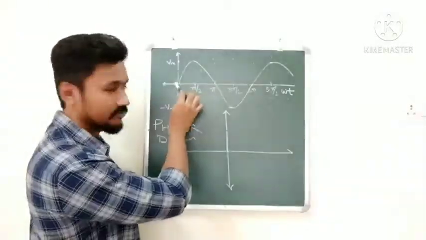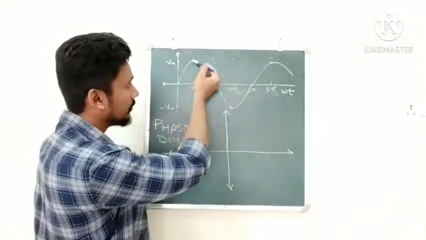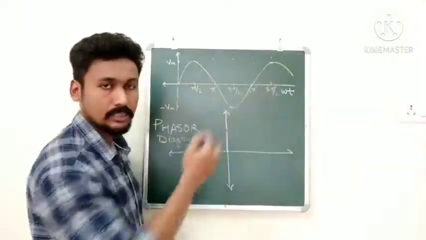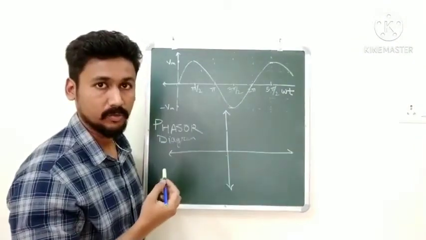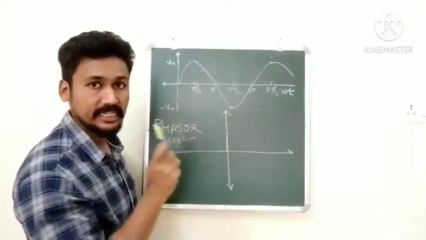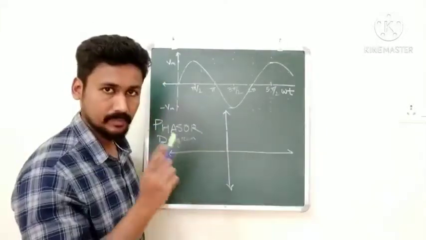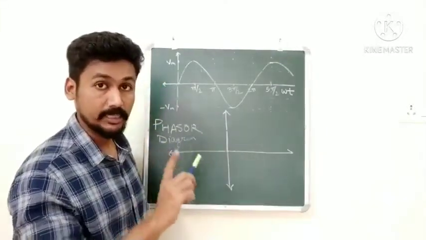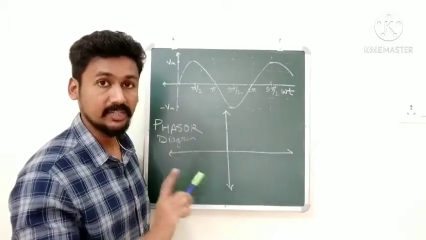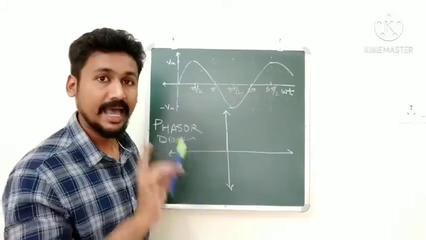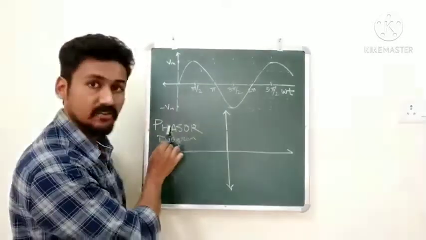The voltage starts from 0, reaches a peak value, comes to 0, reaches minus peak value, and goes on forward. Now this voltage V, we are going to represent in the form of a vector, and that vector we will call a phasor.